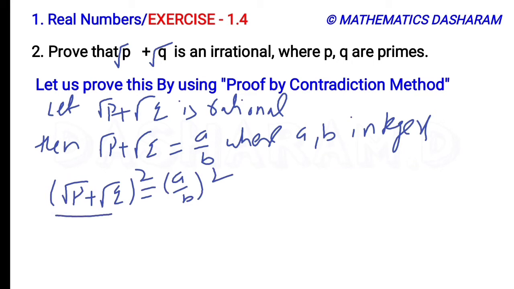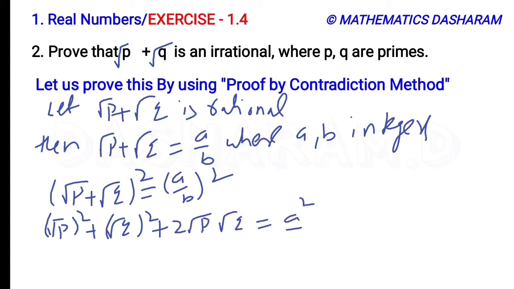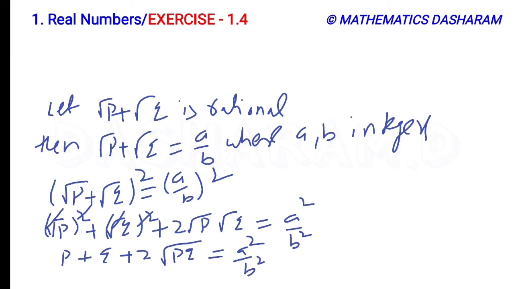So here (a plus b) whole square form: a² plus b² plus 2ab equals a² divided by b². So p plus q plus 2 into under root p into q equals a² divided by b². Here the square roots cancel. So 2 into under root pq equals a² divided by b², with p and q both transposed to the RHS.